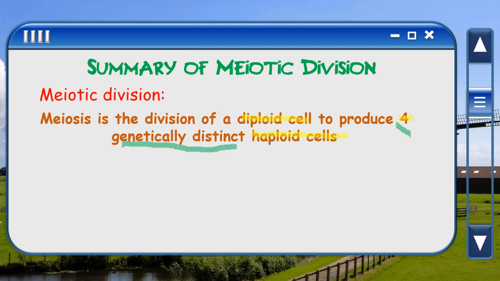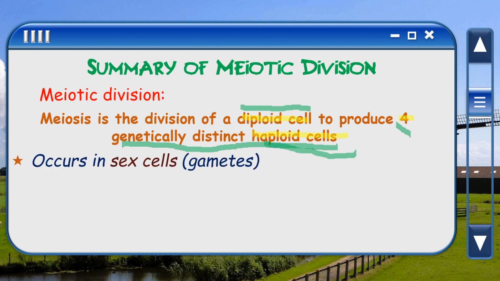We started with a diploid cell, but we have ended up with haploid cells. So it occurs only in sex cells. Those are the ones that form the gametes.